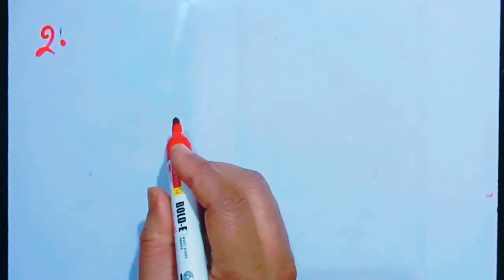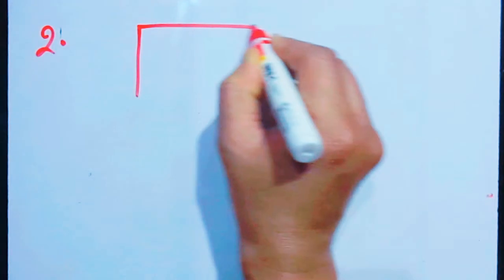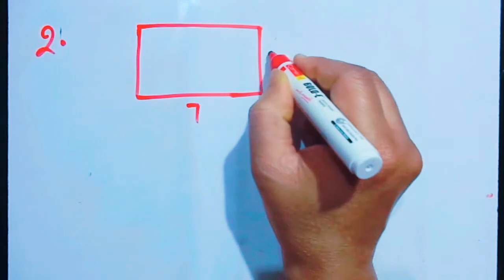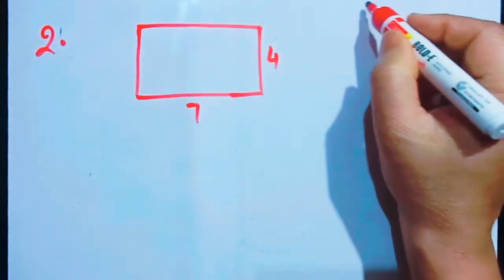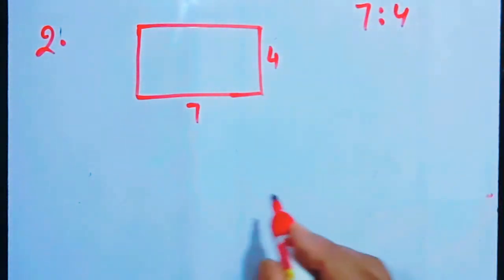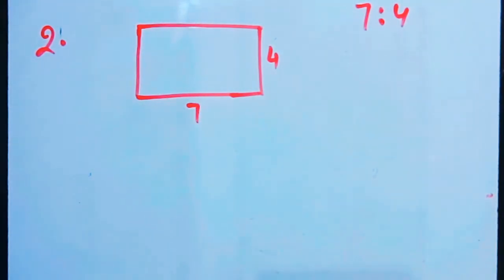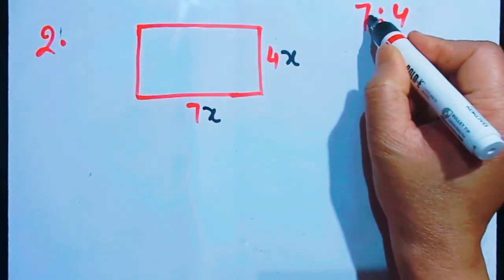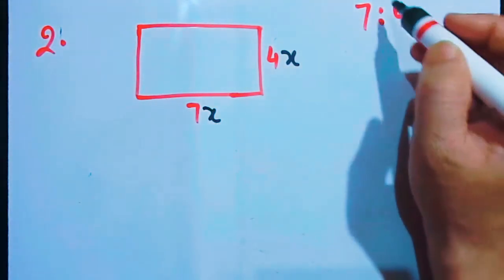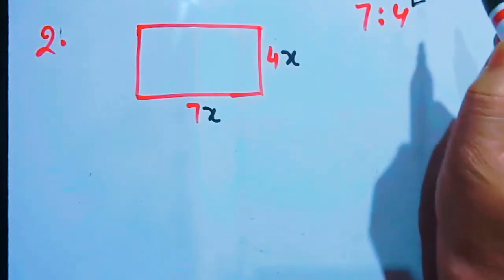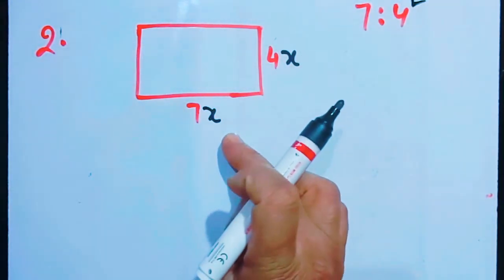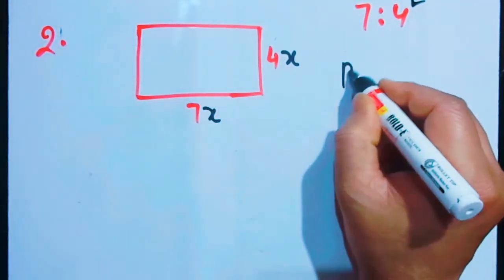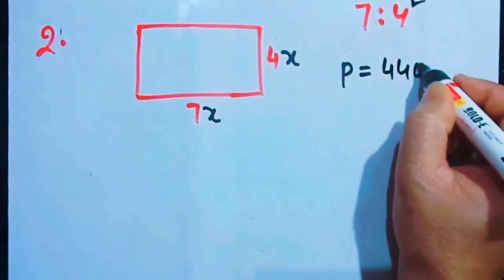The length and breadth of a rectangular field are in the ratio 7:4. 7:4 means my length becomes 7x and breadth becomes 4x. If we take x as common, my length will become 7x and breadth will become 4x. This is the first thing that you need to do. They have also given you the perimeter, which is equal to 440 meter.